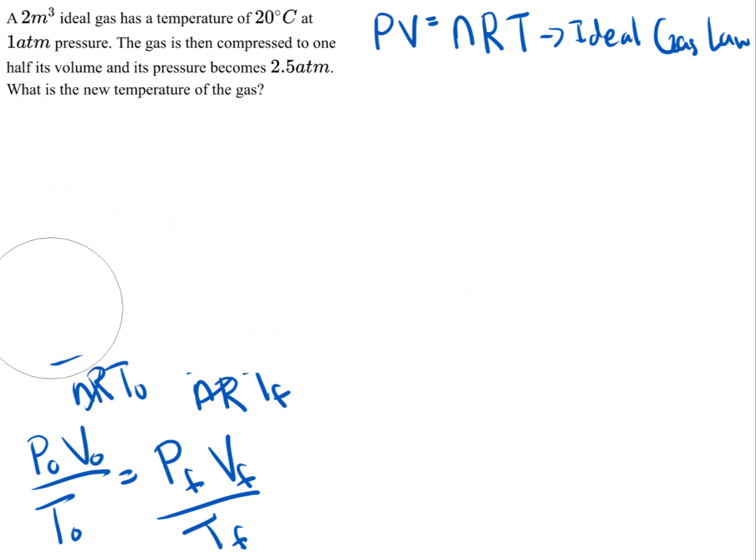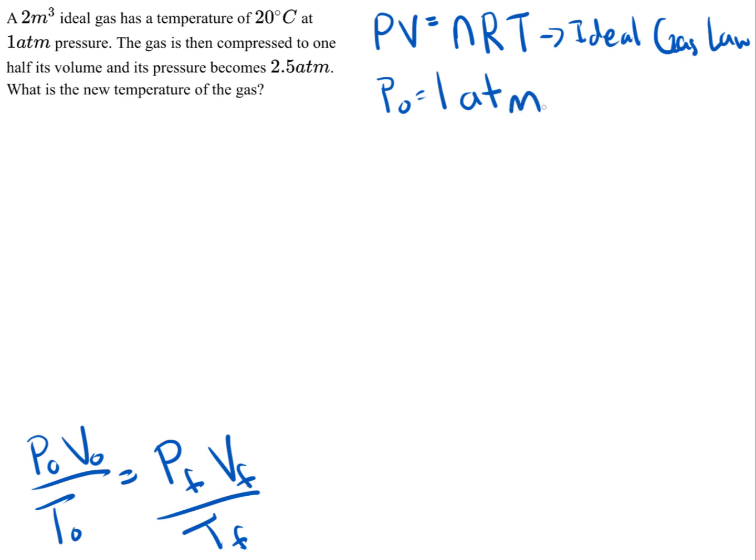So I'm going to erase this to make more room. So I'm going to quickly list some of our variables here. The initial pressure is 1 atm, or the pressure of 1 atmosphere, our atmosphere. The initial volume is 2 cubic meters, and the initial temperature is 20 degrees Celsius, which we actually need to convert to Kelvin, which is 293 degrees Kelvin.